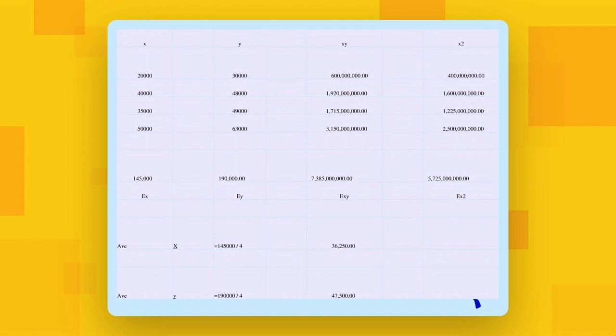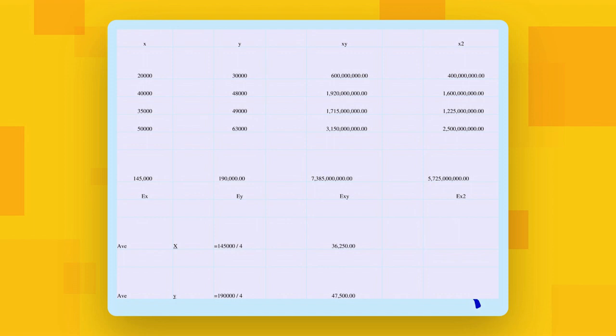Next one, this is the average. What would be the average of X? You add the summation of X at 145,000. Just divide it by 4 and you have 36,250. What else?